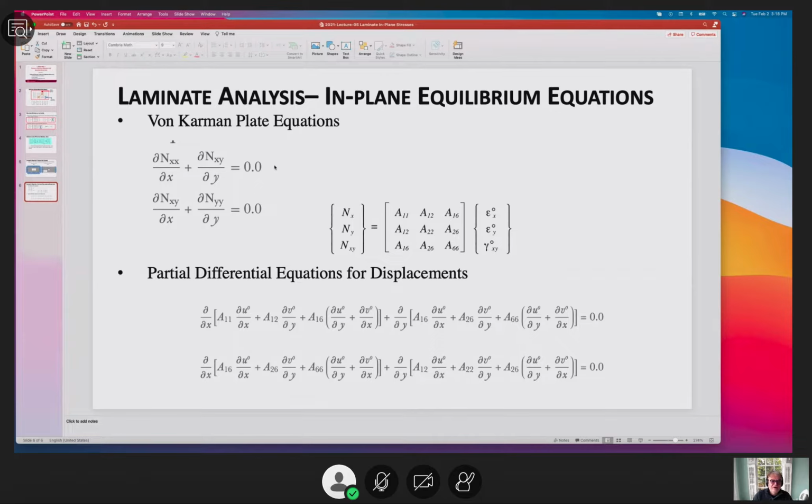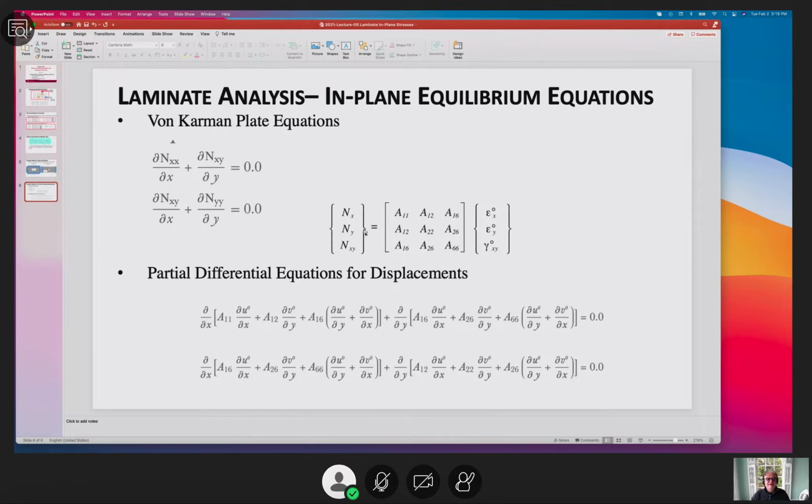This is going to be derived from the equilibrium of a simple element based on its stress state. And then the same in the y direction: this is the equilibrium equation in the x direction, and the equilibrium equation in the y direction says partial Nxy over partial x plus partial Nyy over partial y must be equal to 0.